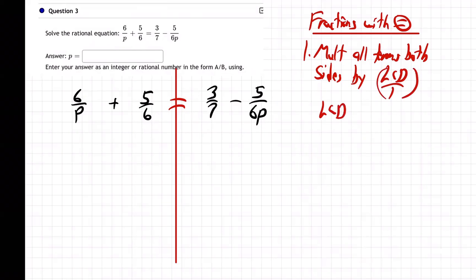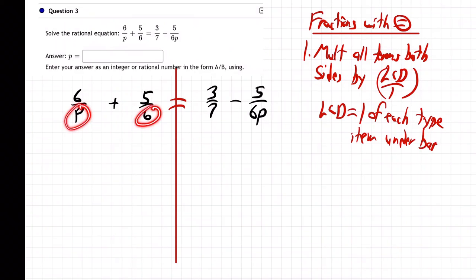And what is the LCD? Well, it's one of each type of item under the bar. I look under the bar, oh, we got a P, we got a 6, we got a 7, we got a 6 and a P. So let me put in parentheses, no repeats.